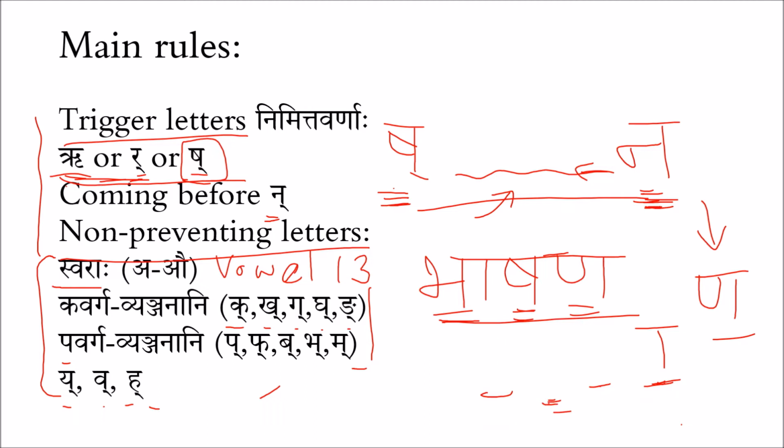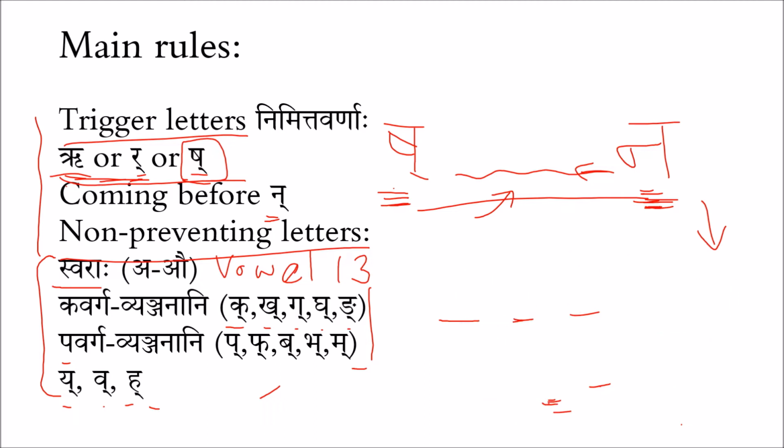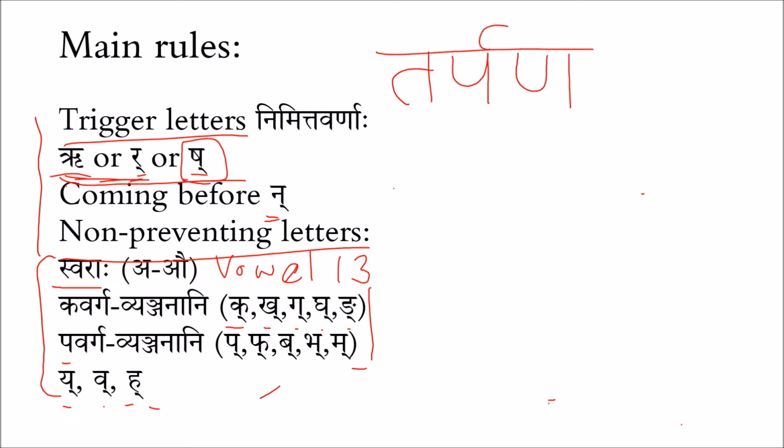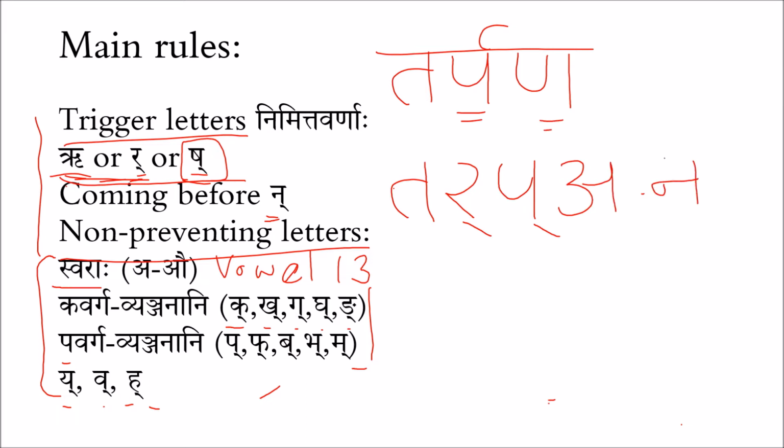Another such example, let's say, tarpana. In this case also, ta is there, and the R is there first in the sequence of letters, then the P is there, then there is A, then at the end this na is coming as a suffix.